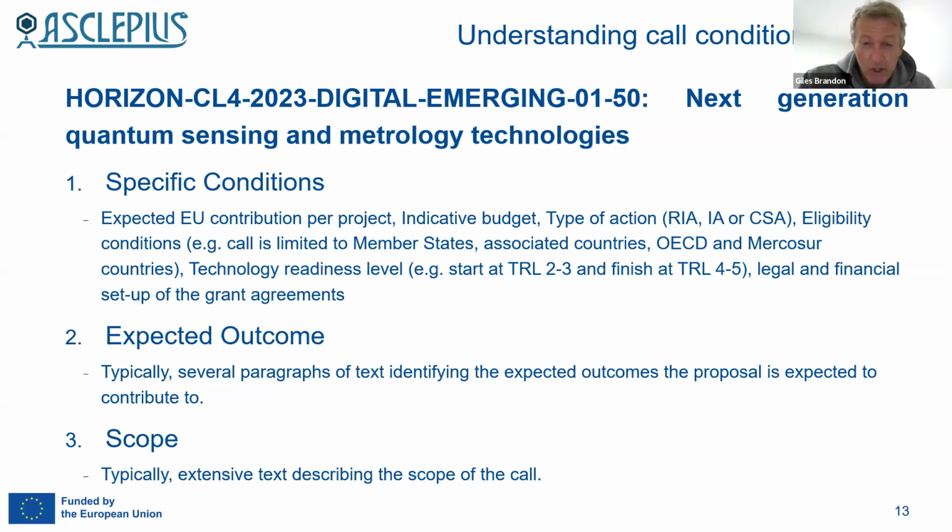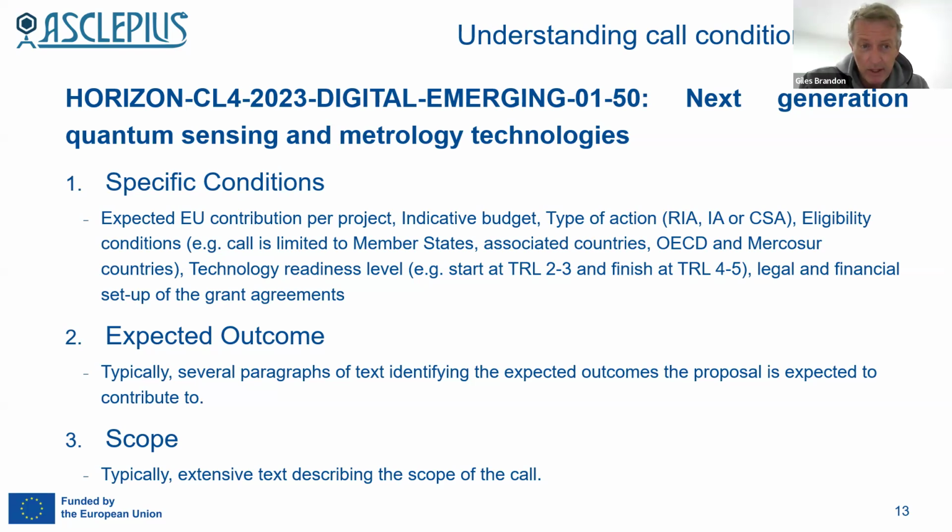Also in specific conditions, it will tell you the type of action. Is it an RIA, IA, or CSA? There'll be some words about eligibility conditions. Is it a call that's limited to, for example, EU member states, associated countries, or maybe the call's open to other further internationalization, OECD, Mercosur countries. It all depends.